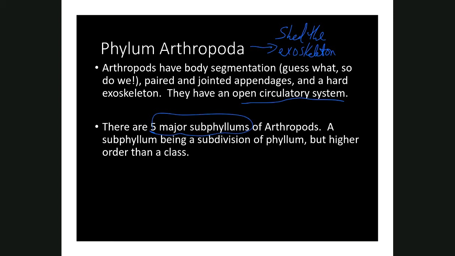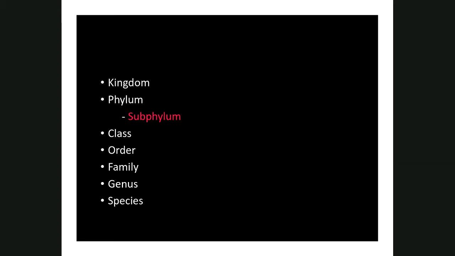So remember, I spoke to you about what a phylum was. Well, these classification structures can be subdivided. If class is too exclusive, but phylum is too inclusive, then you can add things in between.